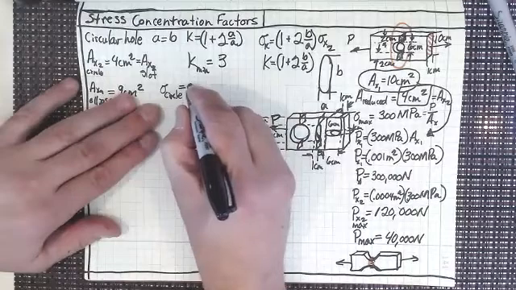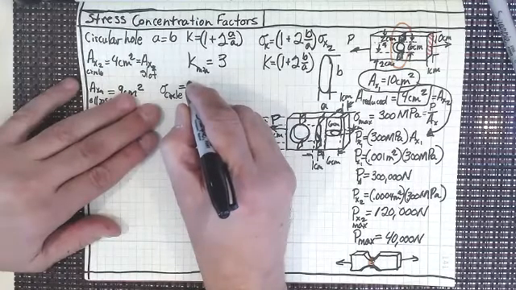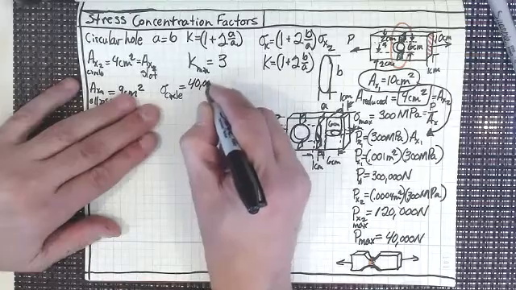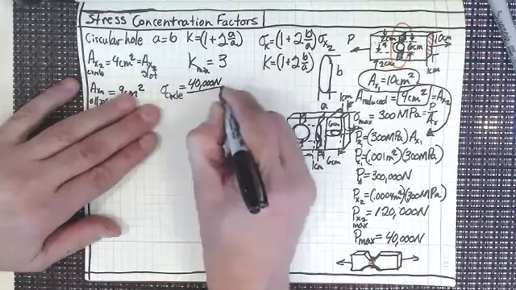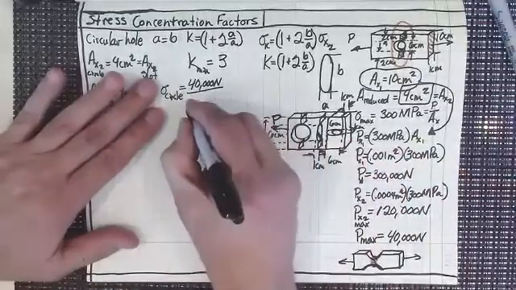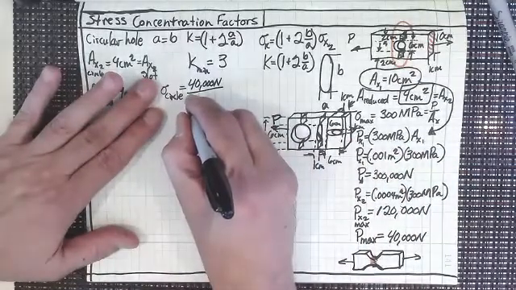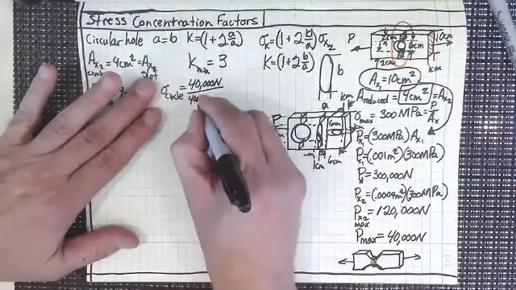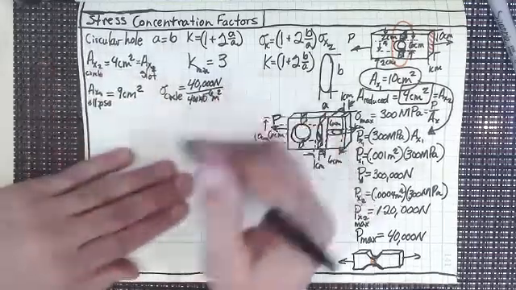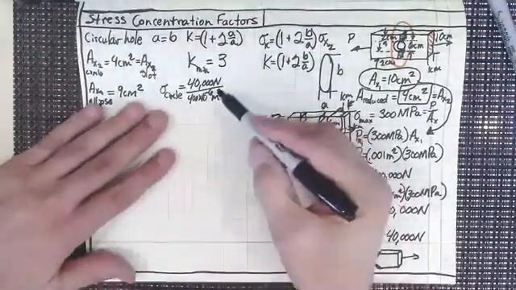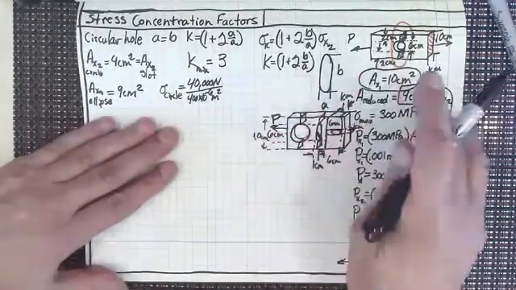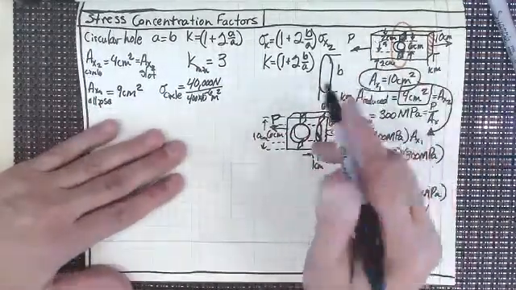So we've got the 40,000 newtons divided by the cross-sectional area, and we've got to use A sub x2, so it's going to be 400 times 10 to the minus 6 square meters, or 0.4 times 10 to the minus 3, however you want to do that.